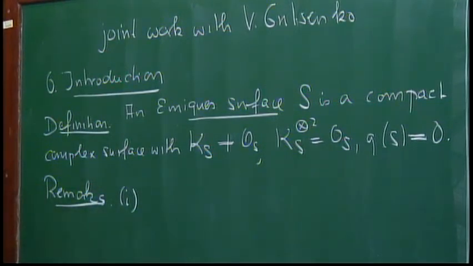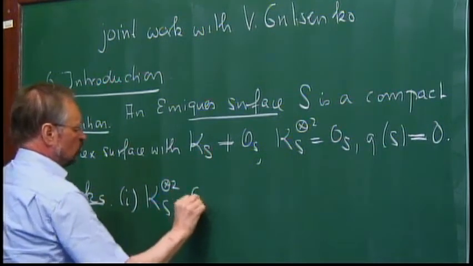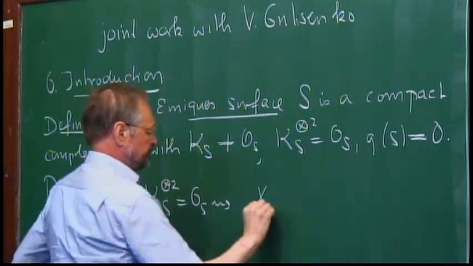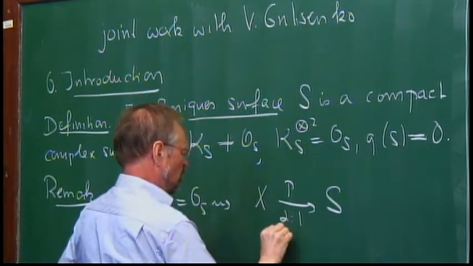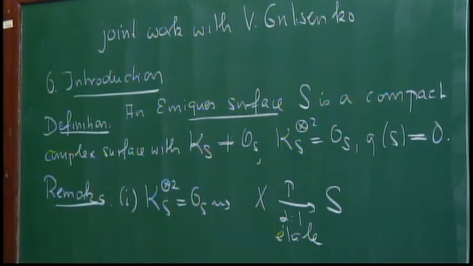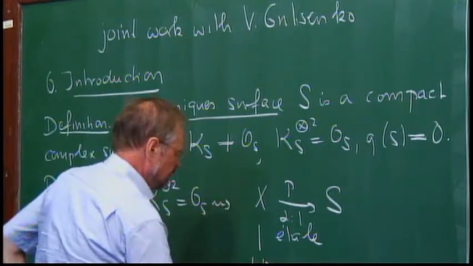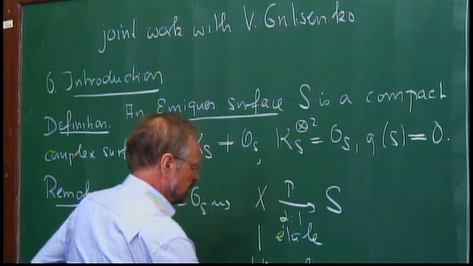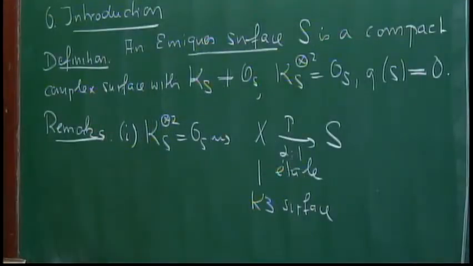The most important for us is that the 2-torsion of the canonical bundle immediately gives an étale 2-to-1 cover from a surface X onto S. It's very easy to work out that this is a K3 surface because the canonical bundle is trivial. Also, the irregularity has to be 0, so it can't be an abelian surface.